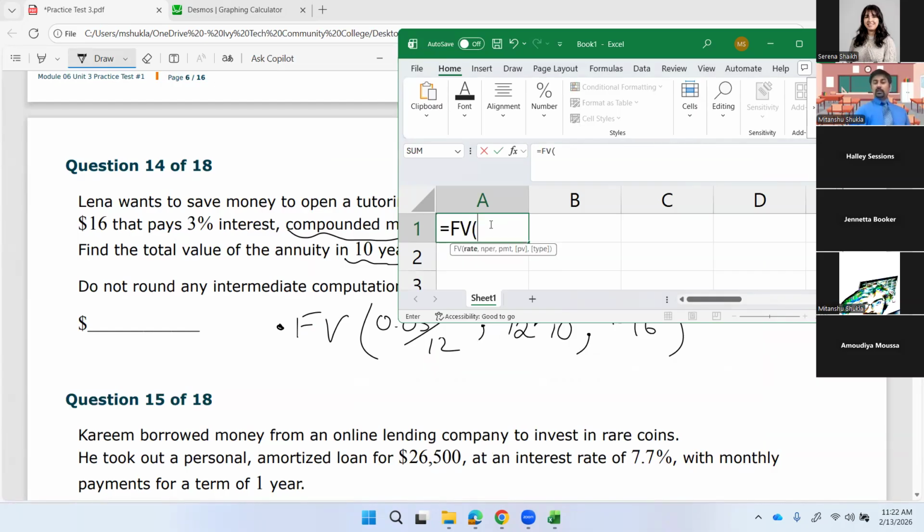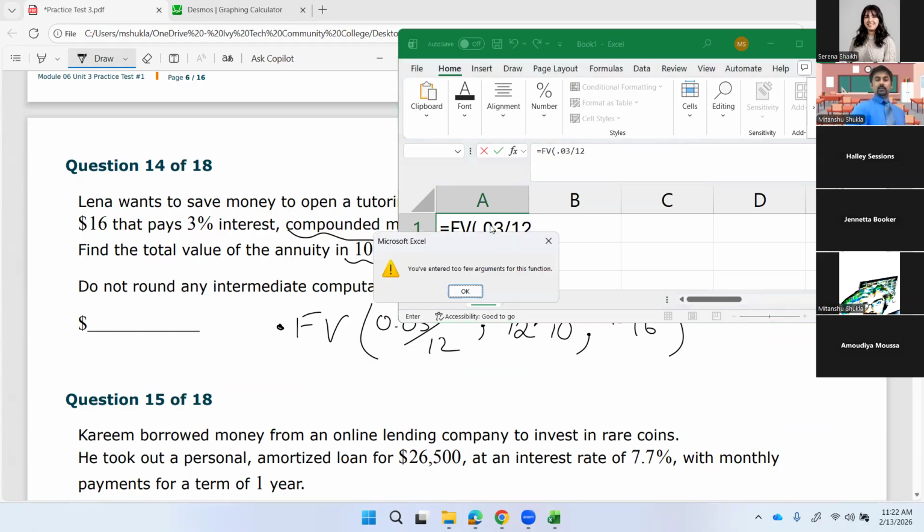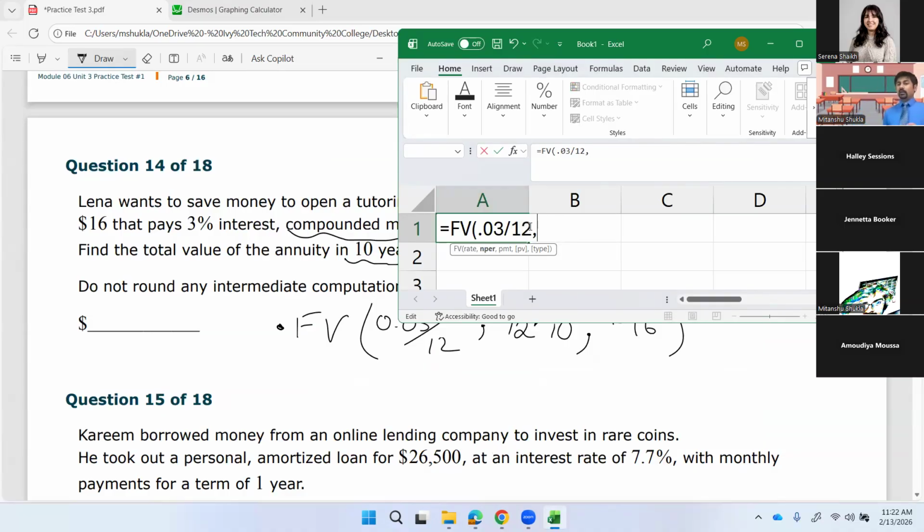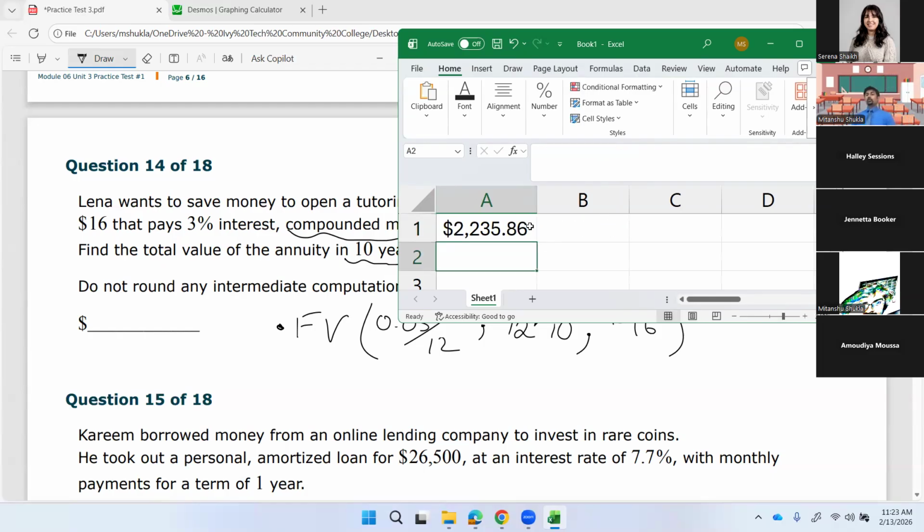And our rate is 0.03 divided by 12 because it's being compounded monthly, right? Then we know that we're making this payment 12 times for 10 years, comma, and we're giving away, so minus $16 into that account. So we have $2,235.86 in that annuity.